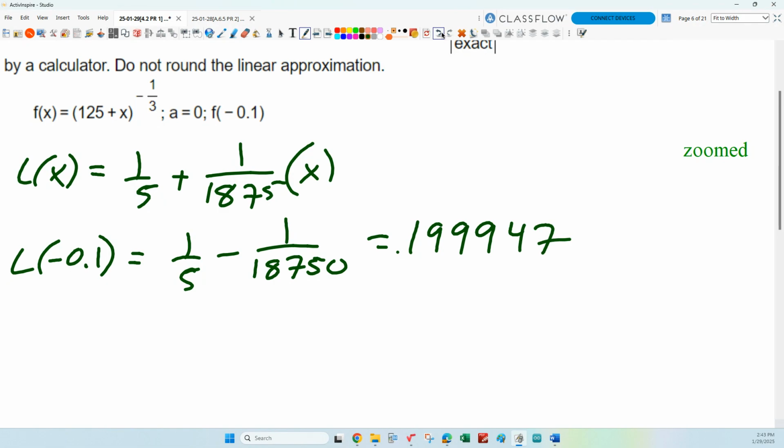Okay, if we plug negative 0.1 into our original function, what do we get? It's 124.9 to the negative 1/3.